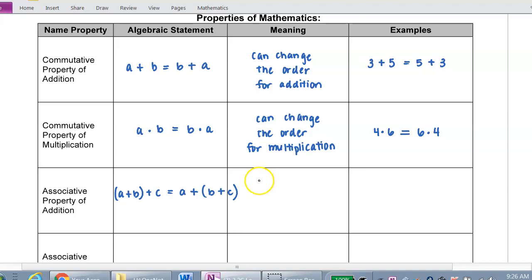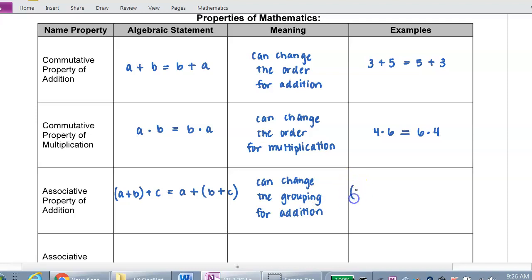And of course the meaning is that we can change the grouping for addition.